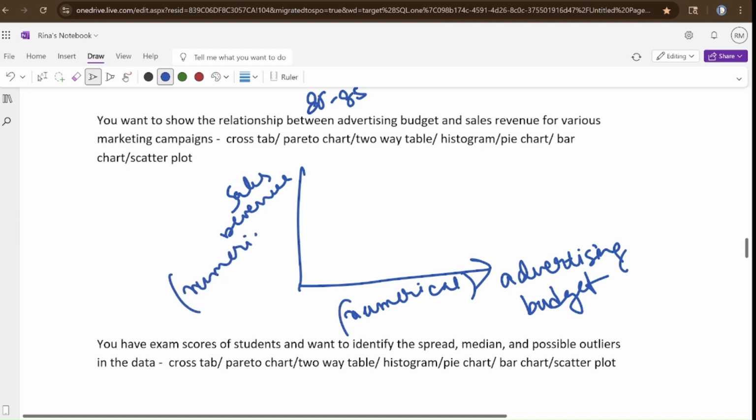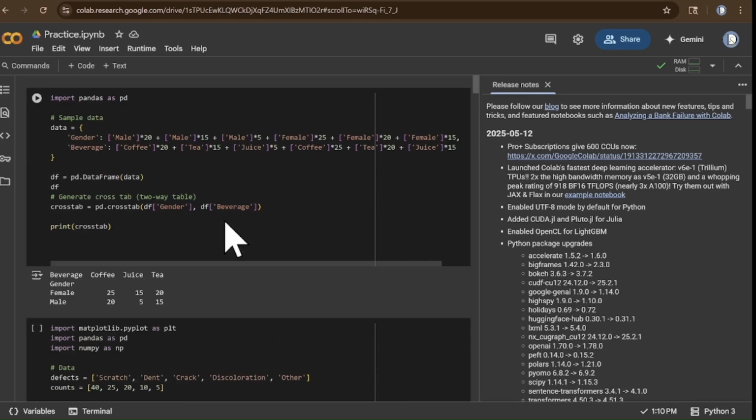This is also a numerical quantity. So let's say for this much of advertising budget, this will be the sales revenue. For this amount, this will be the sales revenue. So both numerical numbers. So when both of them are numerical and you want to show them, it is a scatter plot, right? Just let me show you.